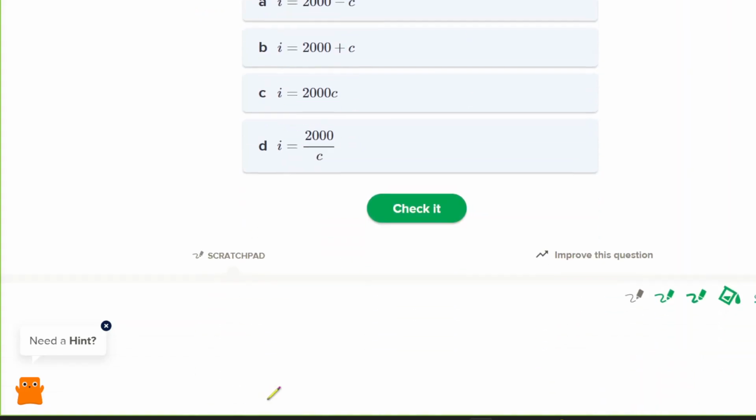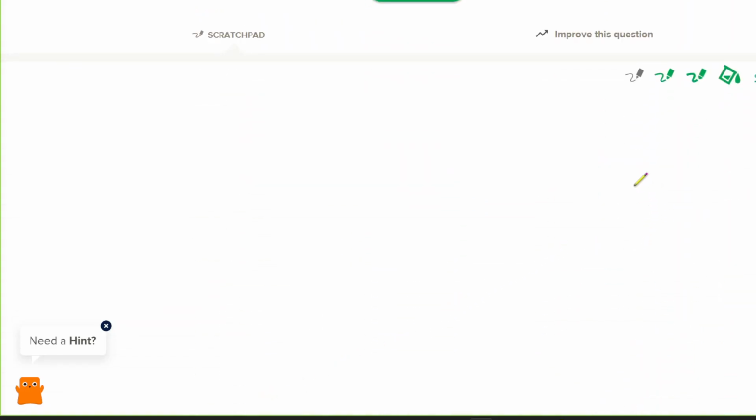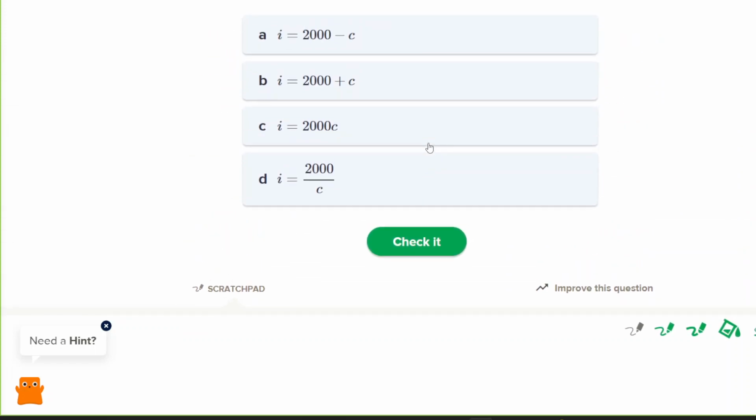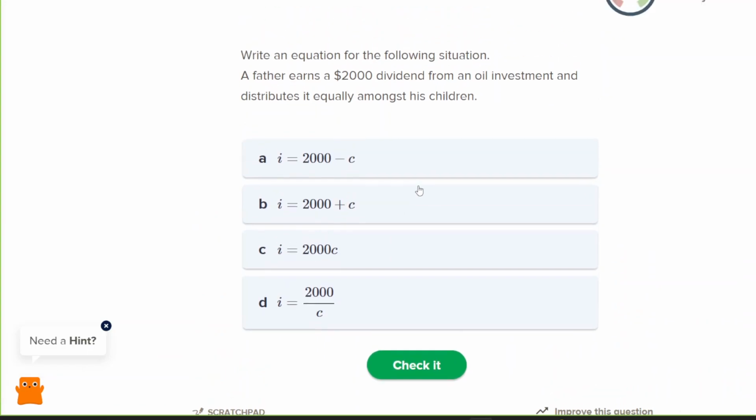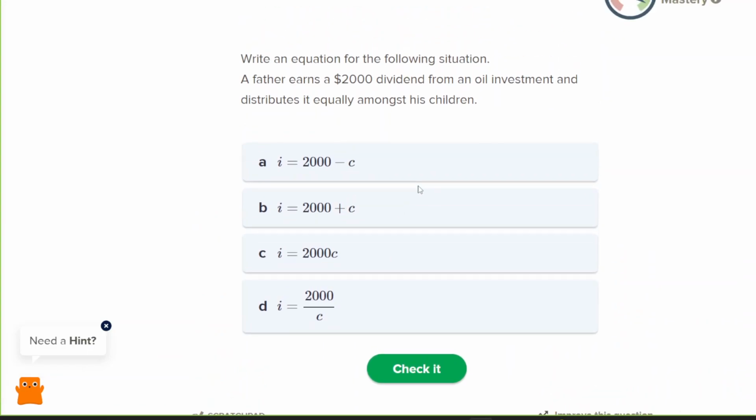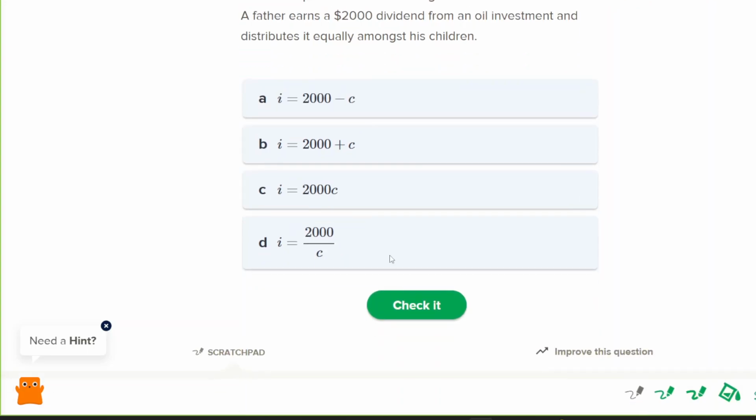So back to this scratch pad. So once again, based on the multiple choice area, I'm seeing I and C, these variables showing up. All right. So the amount each child would get is one of these.